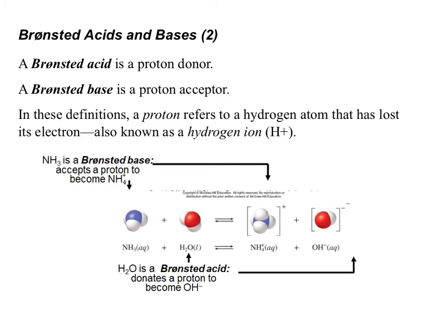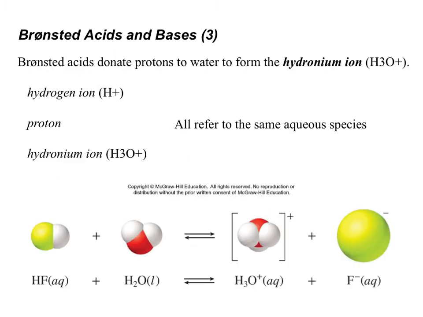The water is the Brønsted acid. It is donating a proton to the ammonia to form a hydroxide anion, whilst the ammonia is accepting a proton from the water, therefore it is a Brønsted base, and it becomes ammonium cation.